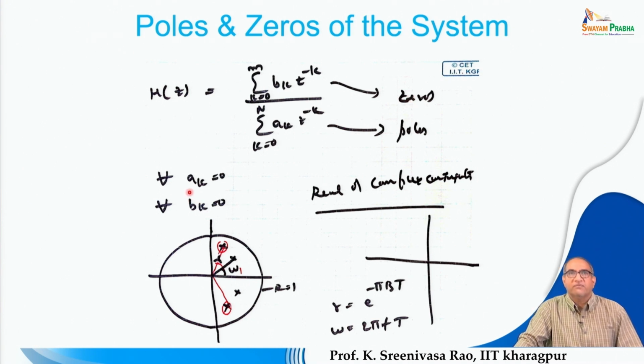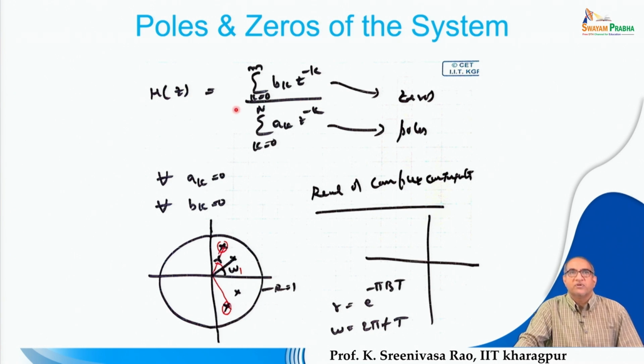And here, for example, in this particular system, if all a_k's are zeros, then the system contains only the numerator polynomial. Because if all a_k's are zeros, a_0 will be 1, so the denominator remains unity. Therefore H(z) is only the numerator polynomial, which provides the zeros of the system.